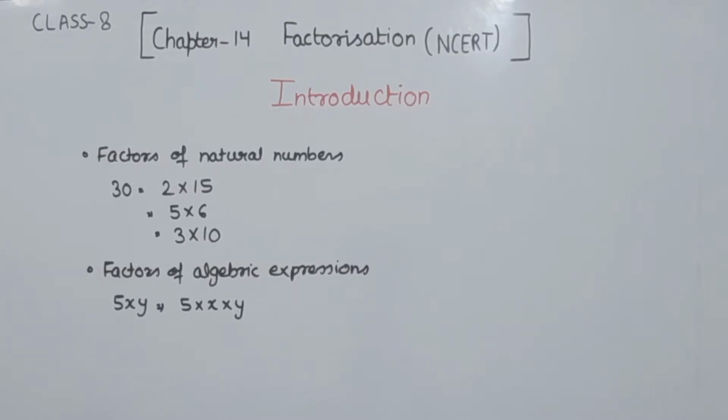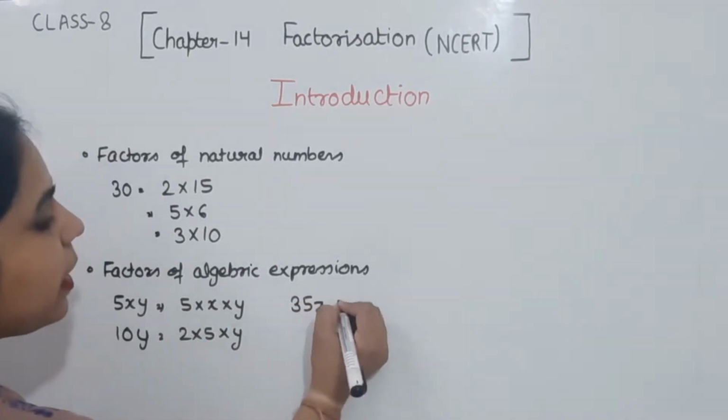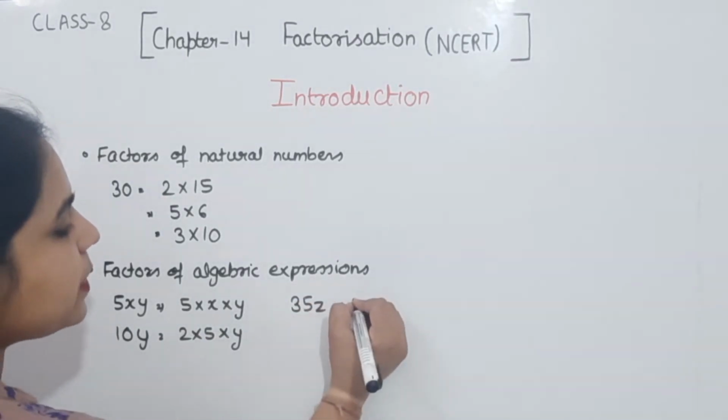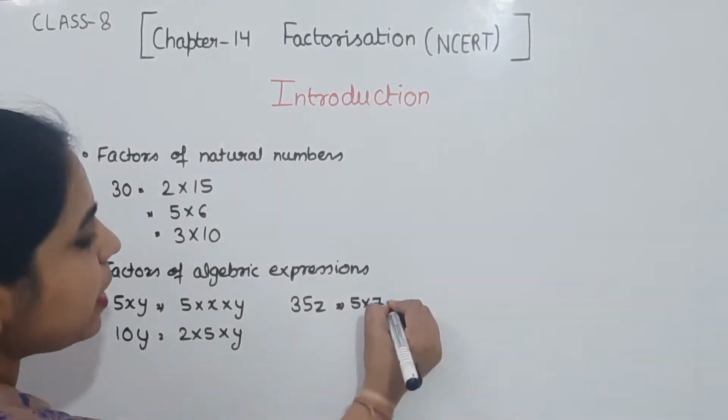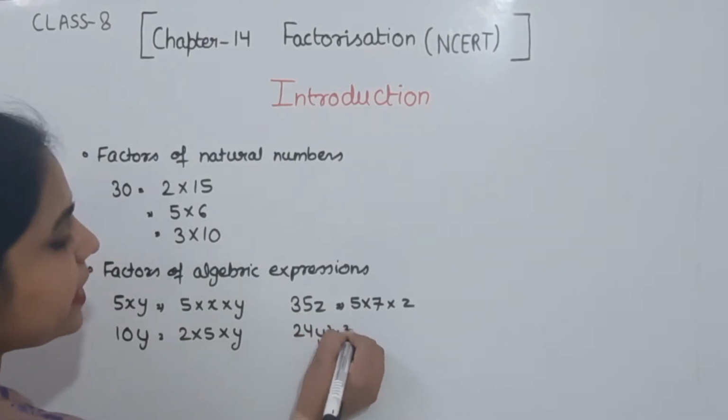And we can take another example. I am having here 10y. So we can write this one as the 2 multiplied by 5, 2 5s are 10, multiplied by y. We can take 35z and we can write this one as the 5 7s are 35 multiplied by z. We can take 24 y square z square.